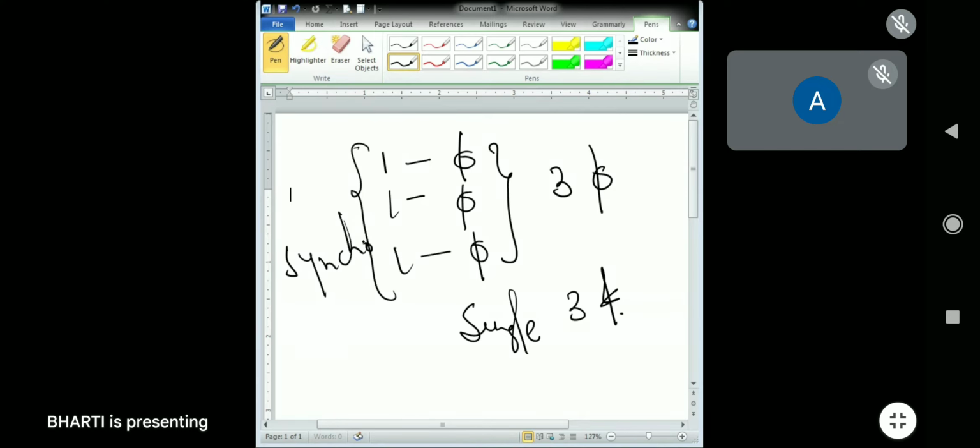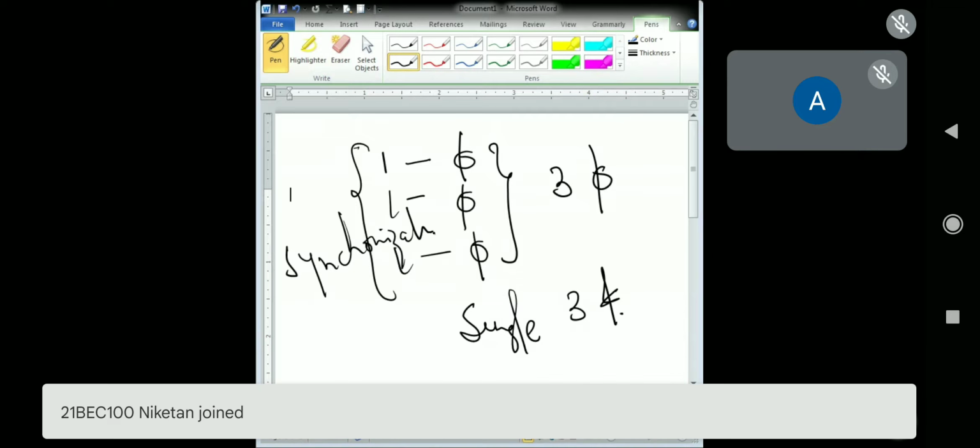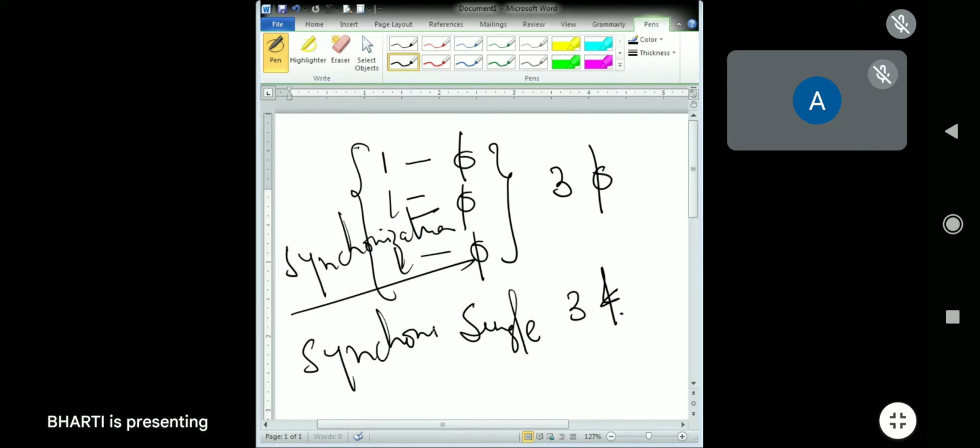Do you know what is synchronization? No, ma'am. Say for example, whenever you come to the campus, boys and girls will be staying in separate hostels. If you are given some choices, will you be interested in choosing your room partner? Yes, ma'am. Obviously.